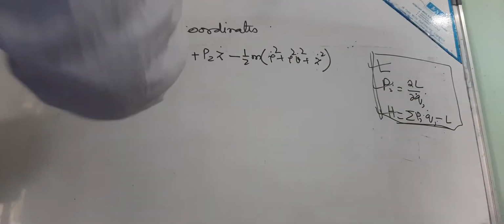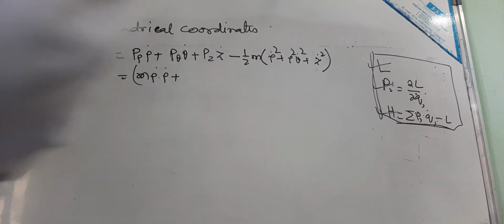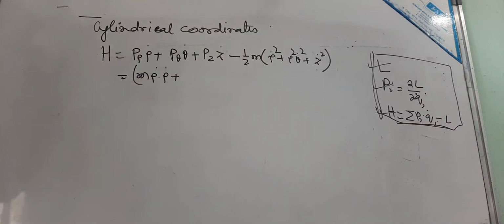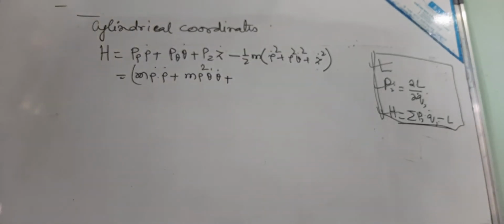So now you put the value of P rho. P rho, how much have we got? m rho dot, into rho dot, plus P theta. How much have we got? P theta equal to m rho square theta dot, into theta dot, plus Pz. Pz equal to m z dot into z dot, minus half m (rho dot square plus rho square theta dot square plus z dot square).